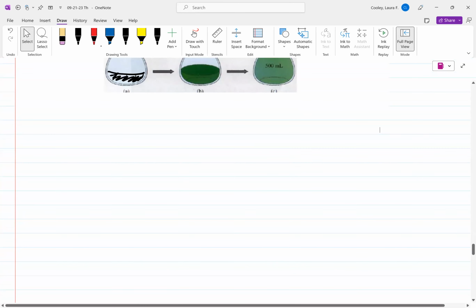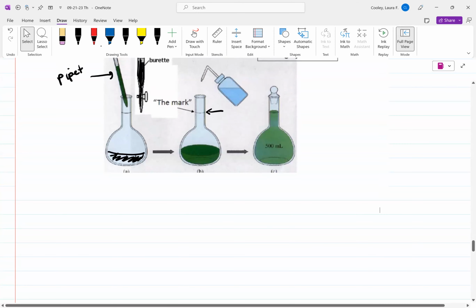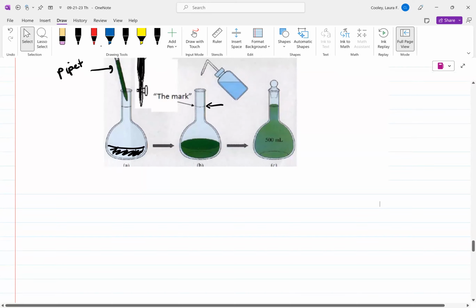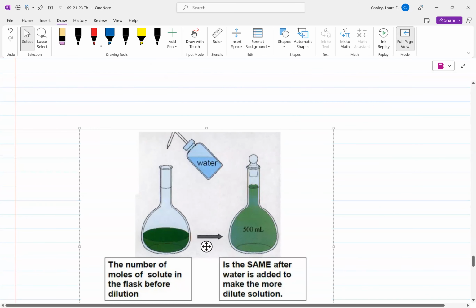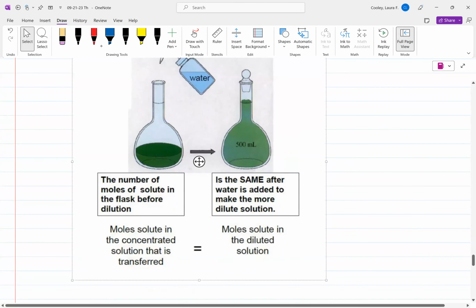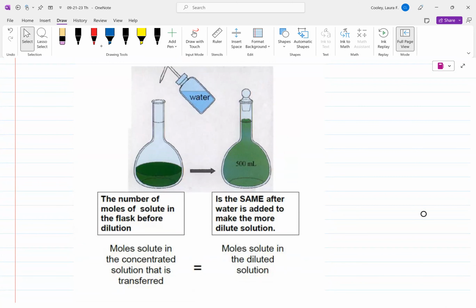Okay, so here's the thing. What I have here is a picture of the stock solution that has been added to a volumetric flask on the left, and on the right, after adding water to it.